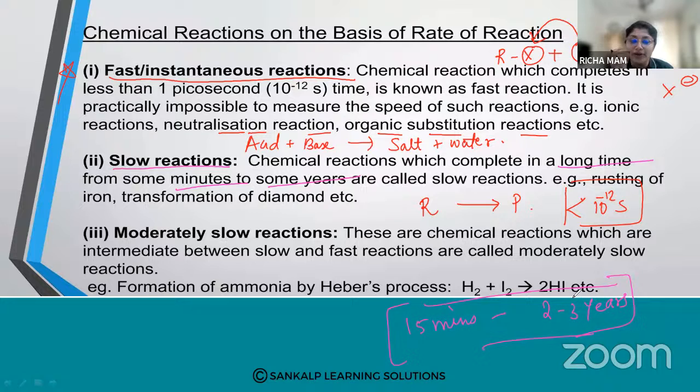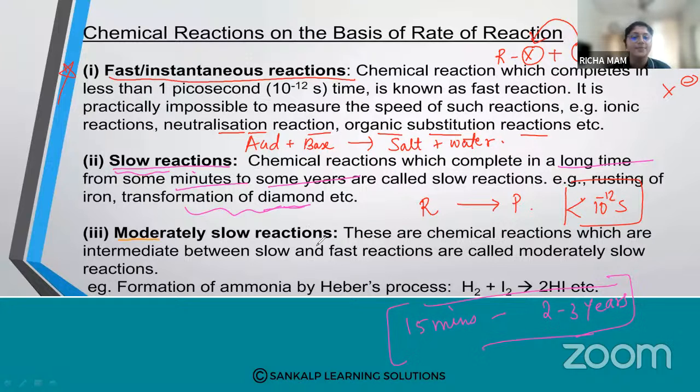It requires several years or months for the transformation of diamond. Such chemical reactions proceed slowly, and thus are termed slow reactions.